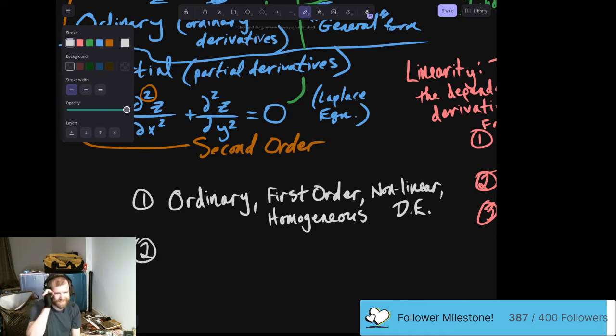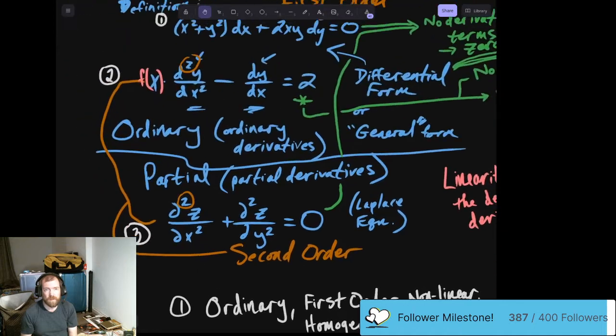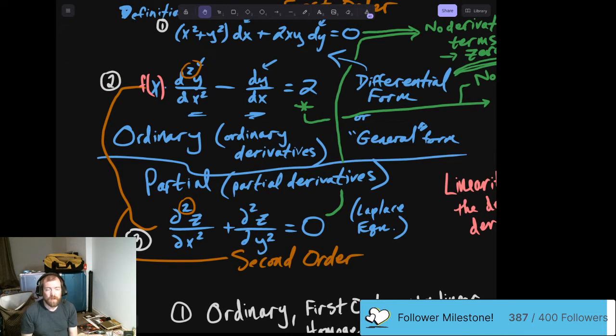So, our second one was also ordinary. It was first order. Nope, this is second order. Right, we talked about this. It has a second order derivative, so it is a second order differential equation.